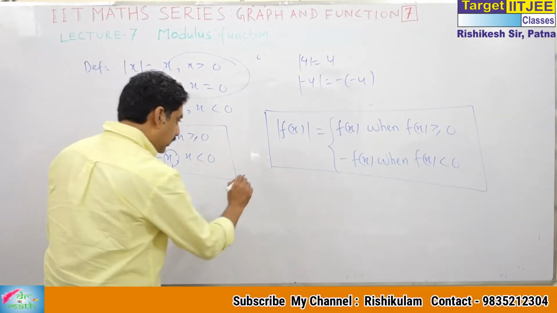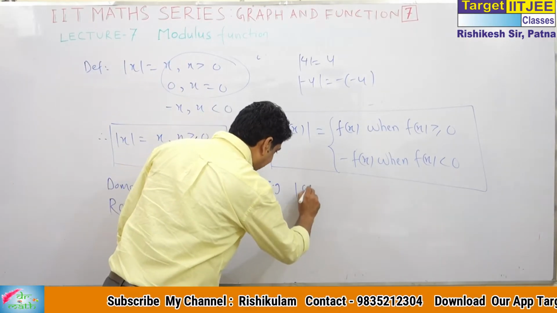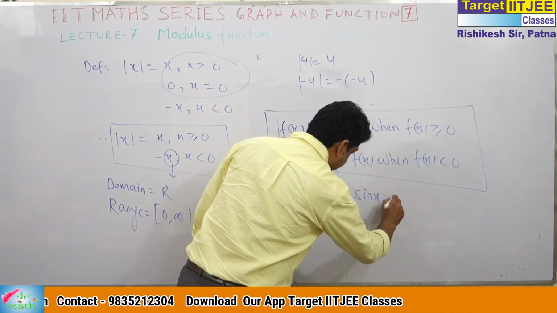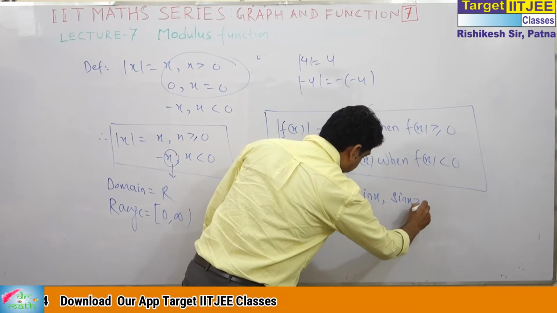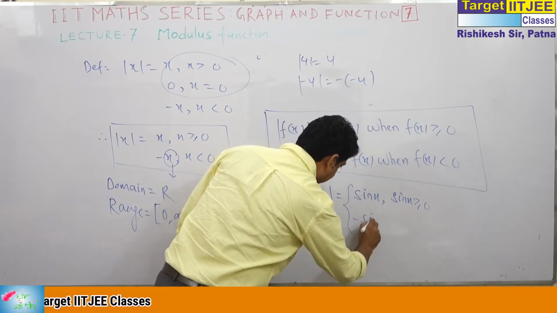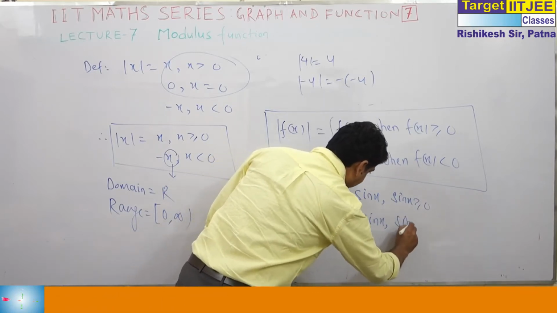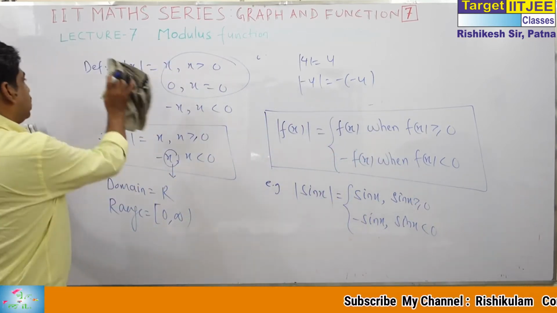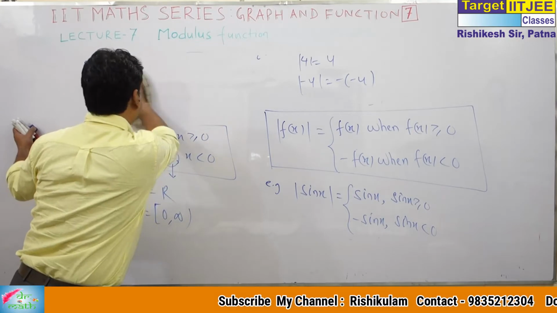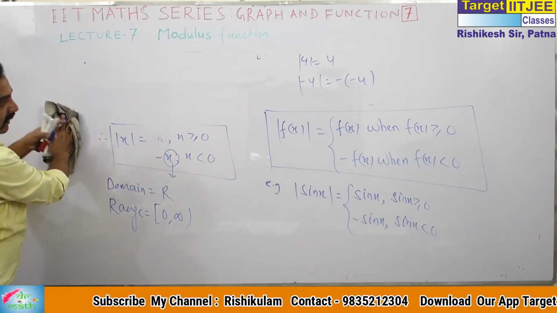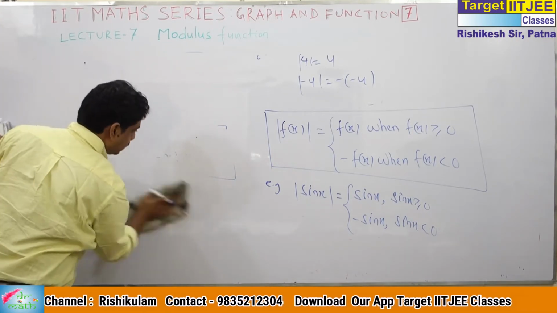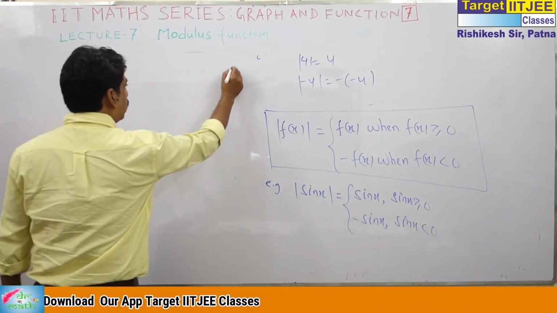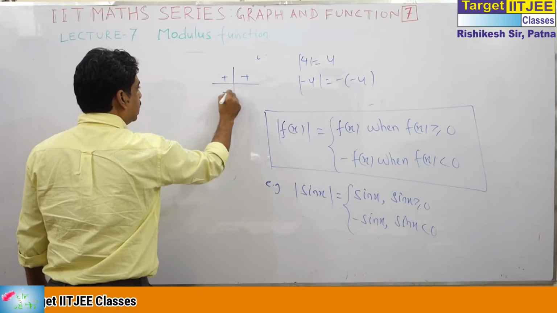Now, for example, if we have to write mod sin x, what will we write? This is sin x when sin x is greater than or equal to 0, and this is minus sin x when sin x is less than 0. And now you know when sin x is greater than 0 and when sin x is less than 0. You know this through the quadrant rule, plus plus minus minus.